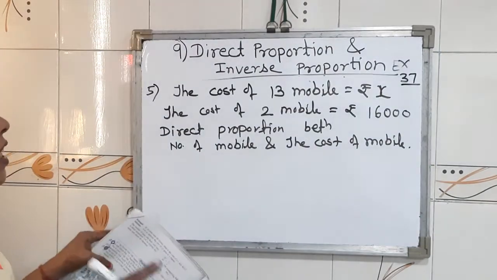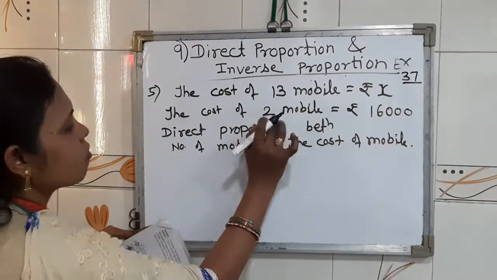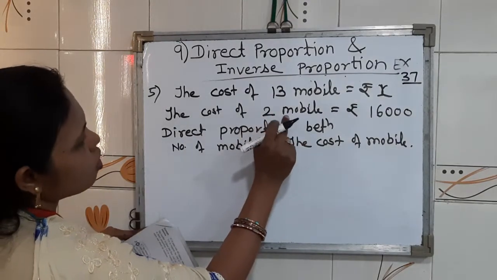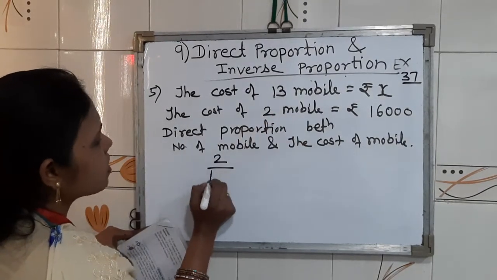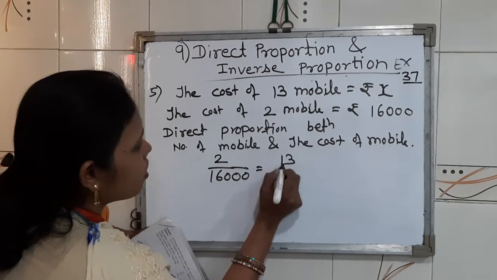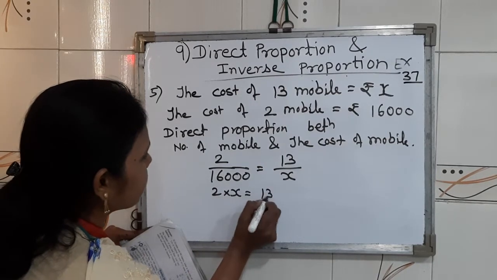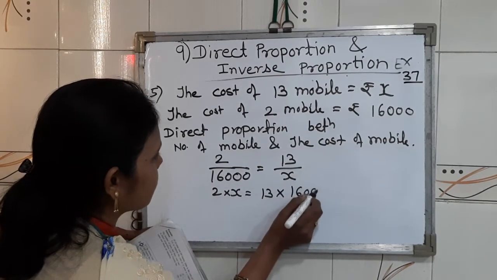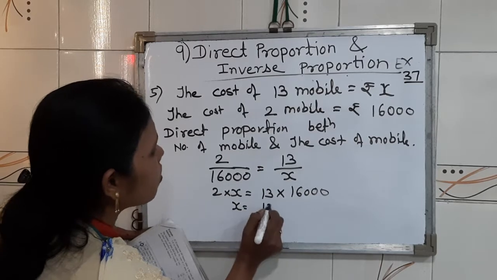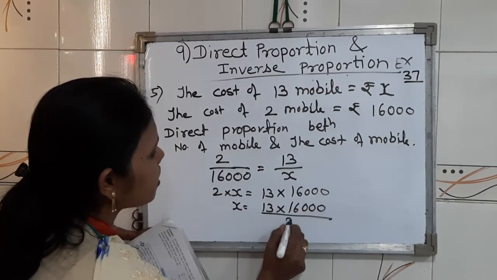Which quantity, which rate we know, that one we will write first. We know the cost of 2 mobiles is 16,000. The cost of 13 mobiles is X. Then cross multiplication: X equal to 13 into 16,000 upon 2.